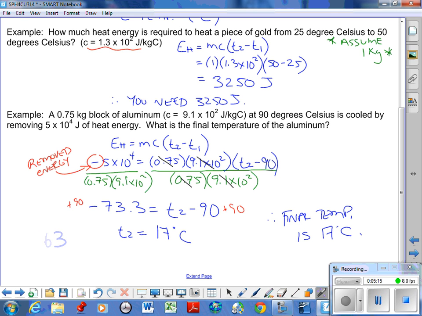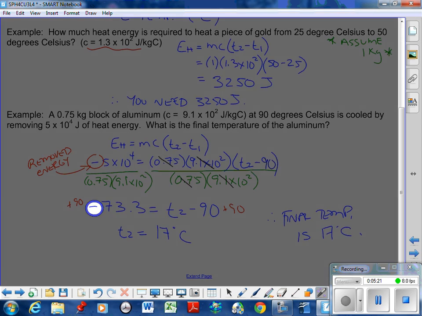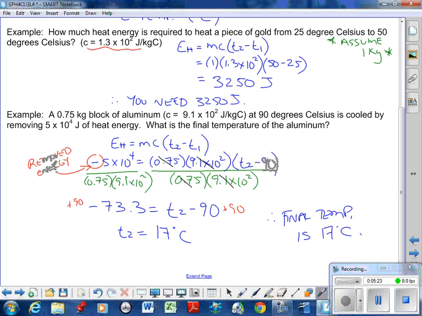So you'd ask yourself, I took energy away, but the heat went up. So then you'd realize, oh, this must have been a negative value, and I'll fix it. So it's not the end of the world if you forget this. You've got to use common sense. A lot of you in the 4C usually have a ton of common sense and muddle your way through and realize that doesn't make sense. So it's just a sign error.